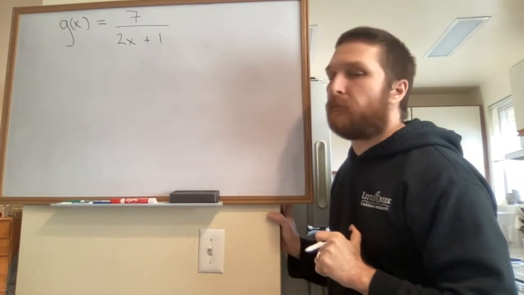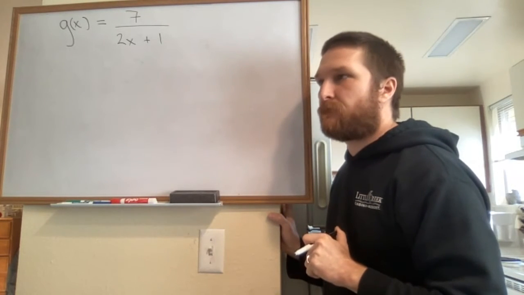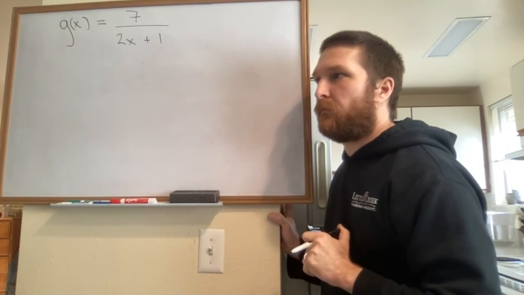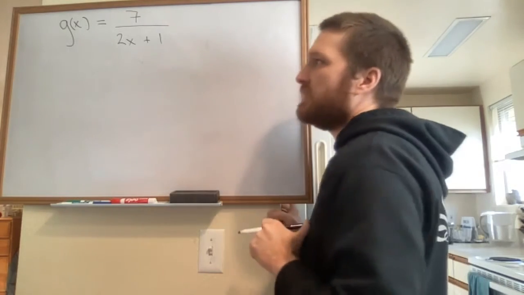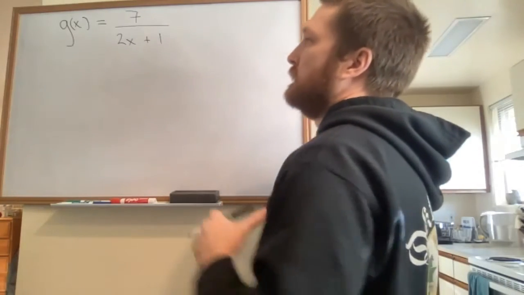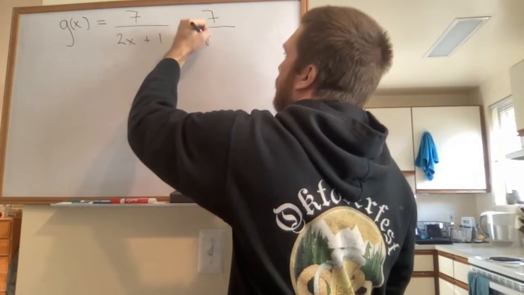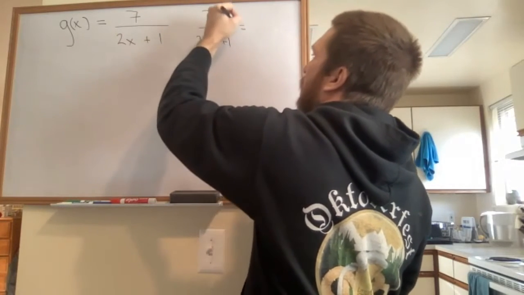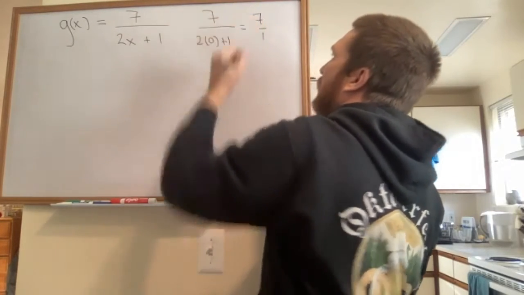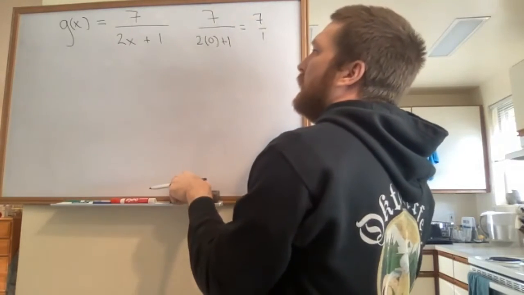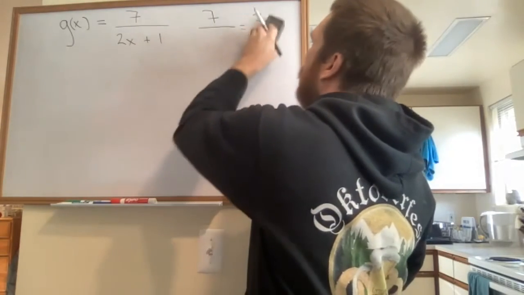I would put in 0 for x, maybe. You would plug in a 0 for x. You could still do that. So that means that 7... Okay.